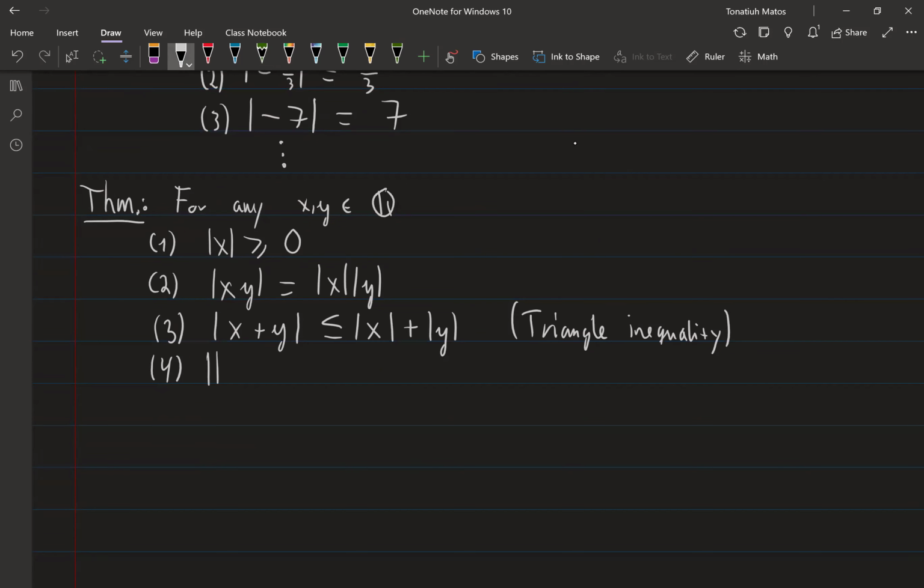And something that follows from number 3 is that if you want to calculate the difference between two numbers already put in absolute value, then this will be at most the difference between the numbers not put in absolute value. This is also called the triangle inequality because these two are actually equivalent, right? So x minus y in absolute value is literally the distance between x and y.